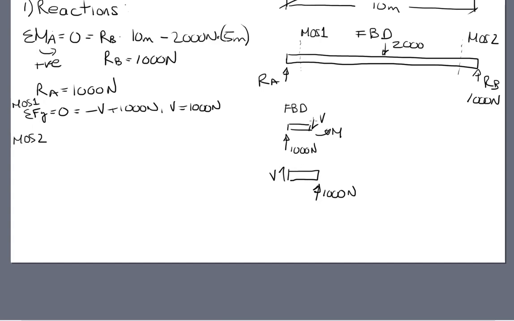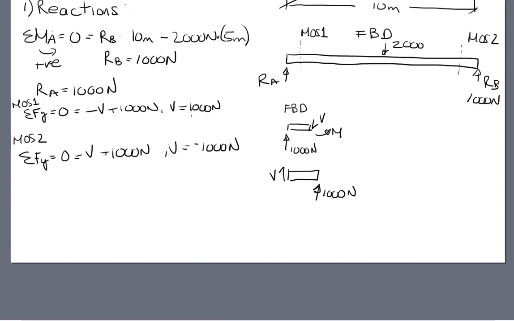So it's the opposite of when you slice and look this way. Now we're slicing and looking this way. So sigma Fy equals 0 equals V plus 1,000. So V is equal to negative 1,000 newtons.